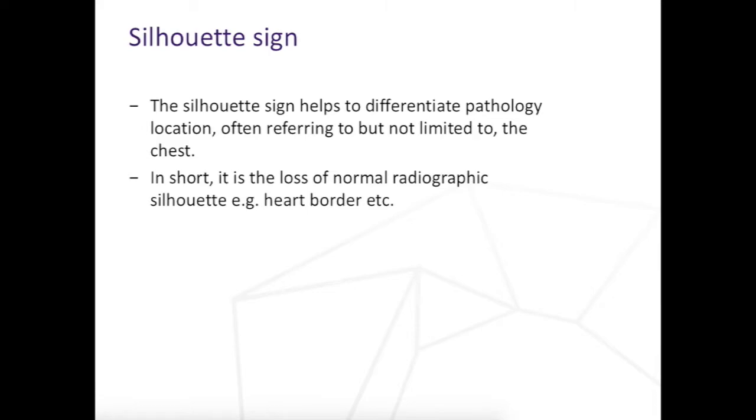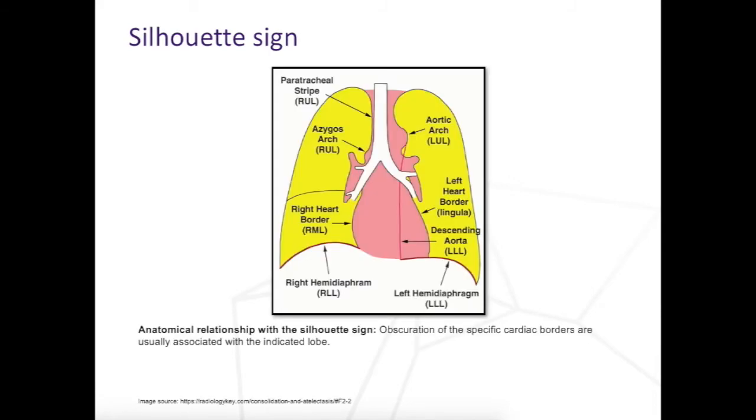All right, so the silhouette sign now. The silhouette sign is essentially this. Any particular pathology that resembles, in terms of density, the surrounding mediastinum or the heart will cause that particular border to be obscured.